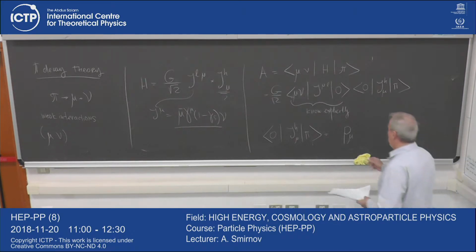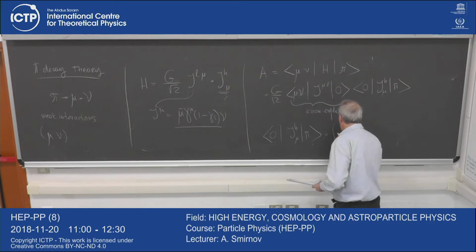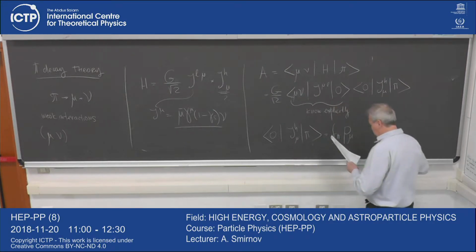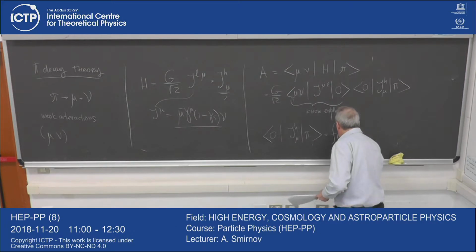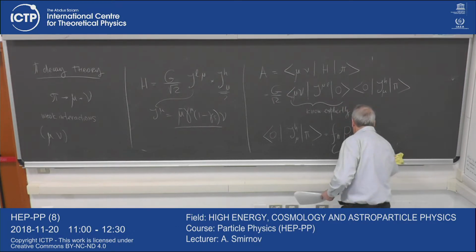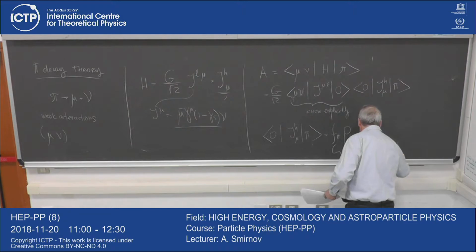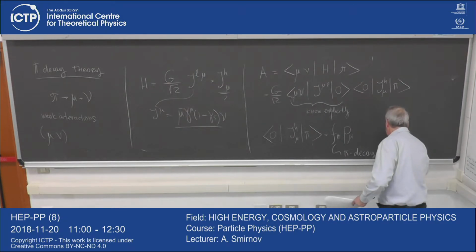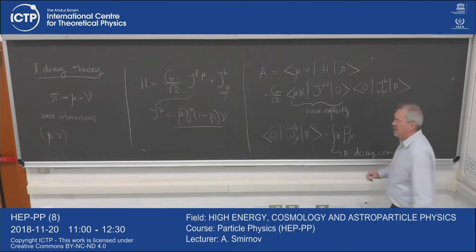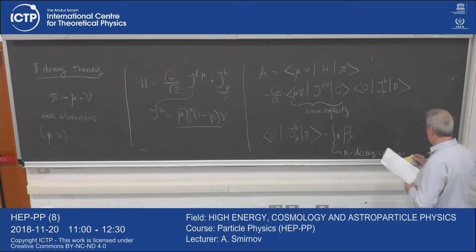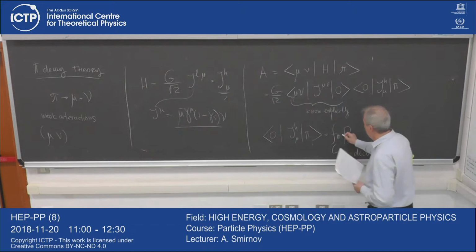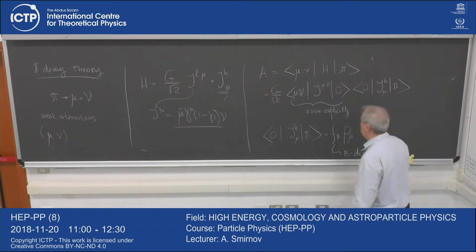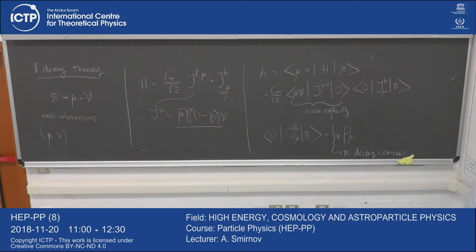And then we put some constant here, f pi, which is called the pi decay constant, which actually plays a very important role in physics. The size of this coupling, first let us estimate the dimension.